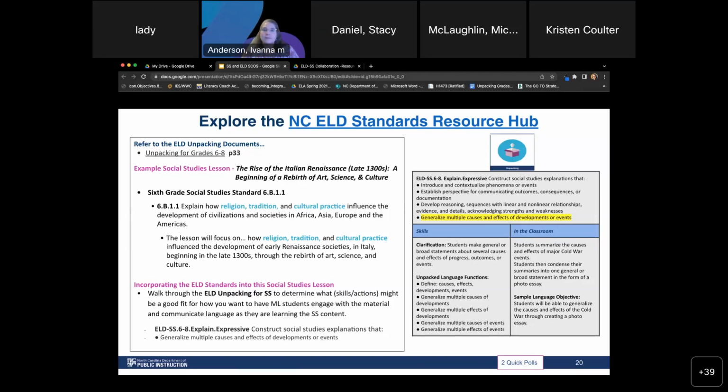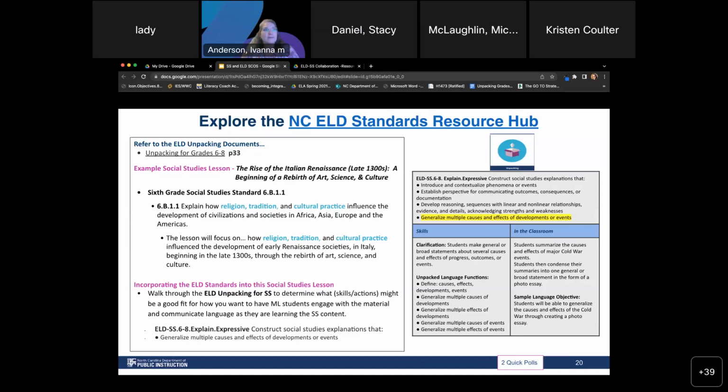And as they go through and they start looking, they know there are only 4 key language uses. But as they get down, this is the choice this teacher has made. So this teacher has pulled this out of the unpacking document.